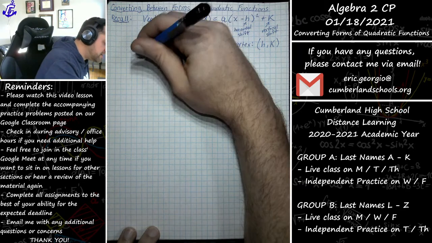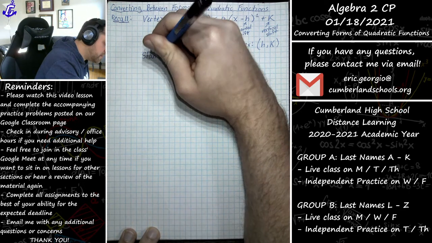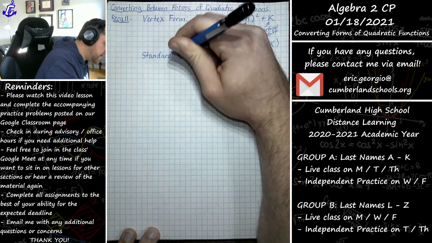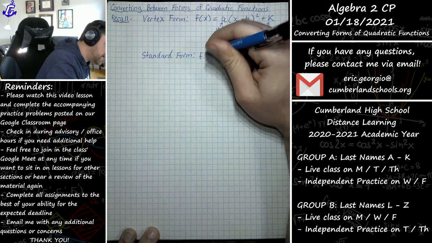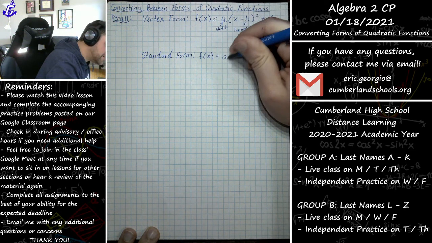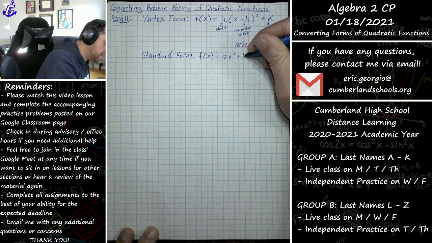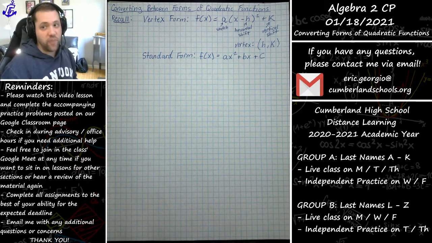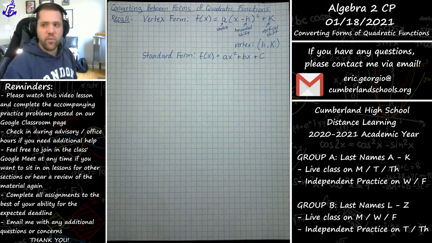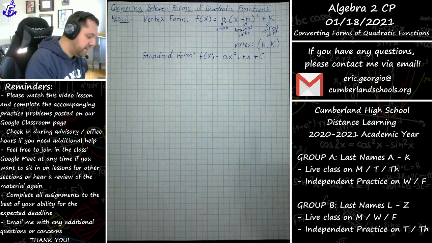All right. Standard form looks like this. We'd say f of x equals ax squared plus bx plus c. That's more what we saw when we were solving equations. Doesn't mean we can't graph them if they look like that, but typically that's more for algebra purposes when we see something written that way.